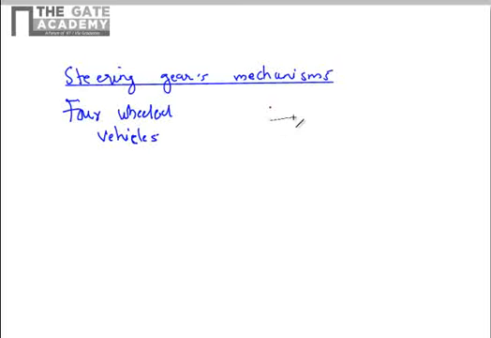In a 4-wheeler, you have 2 axles. One is the front axle and one is the back axle. The axles have wheels on their sides. So you have one wheel here. These are the front wheels of the 4-wheeler, and then you have the back wheels.